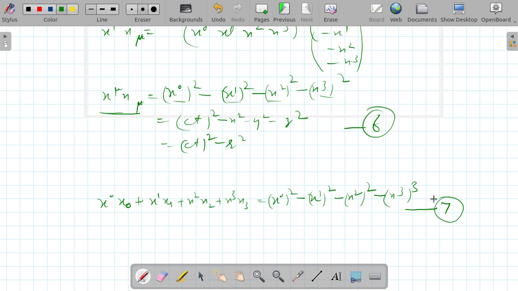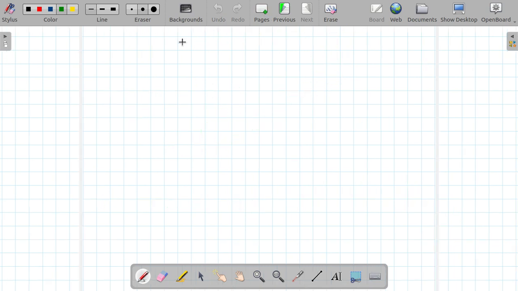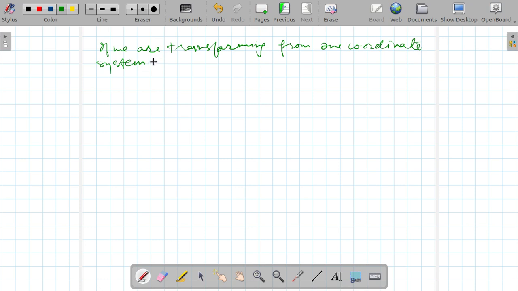Now, as we know, if we are transforming from one coordinate system to another, then the transformation matrix must be orthogonal.